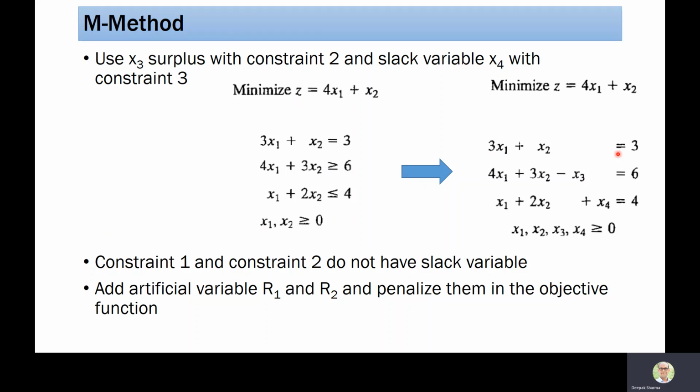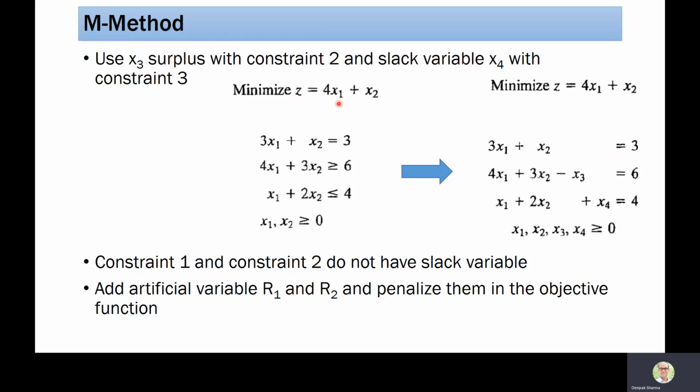So it is ill-behaved. If I put x1, x2 equal to 0 in the second equation, then x3 equals -6, which is infeasible. So as and when we have equality or greater than type constraints, our starting basic feasible solution, the origin, we cannot take.